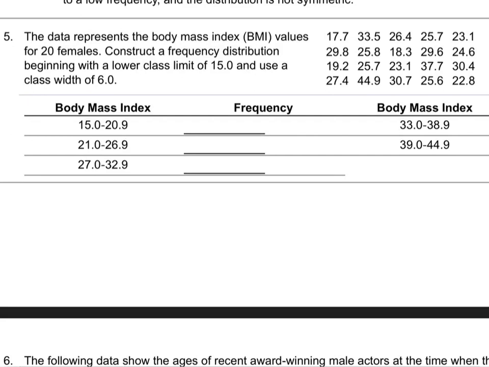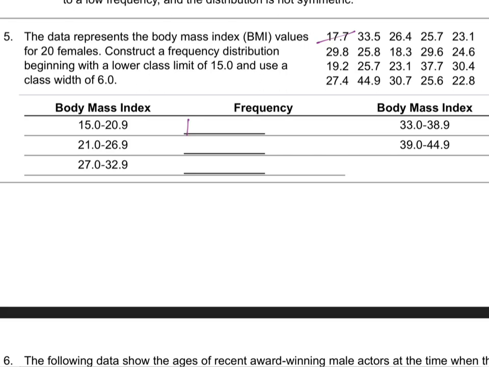So, number 5. They want us to take this data and put it into a frequency chart. So, let's do it. You just got to be careful how the system crosses things out as you go. Okay. So here we go. See the different categories? Let's start with the 17.7. Which category is that in? First one.